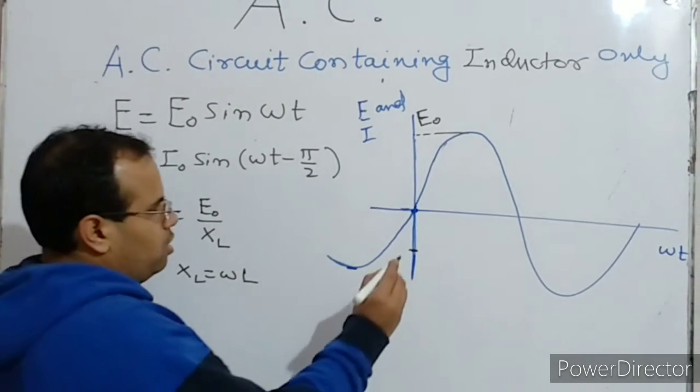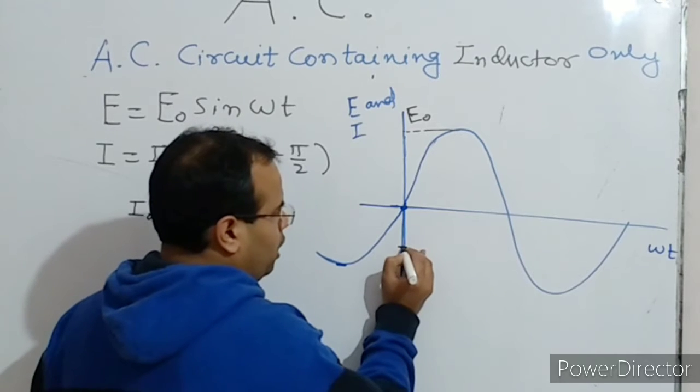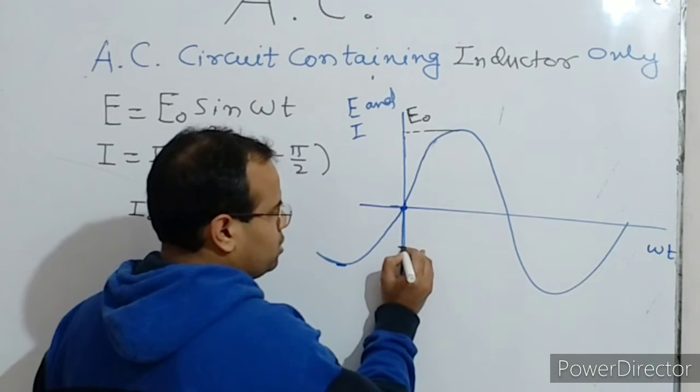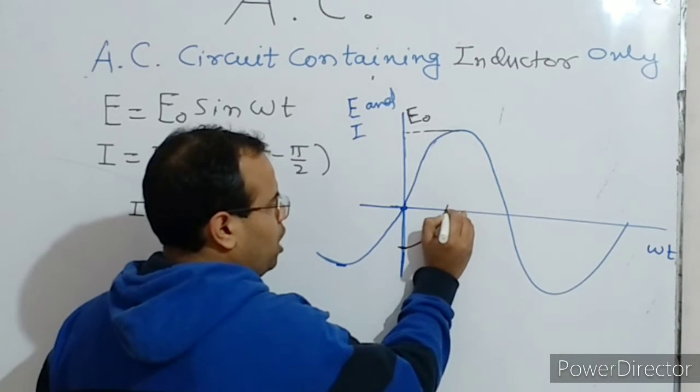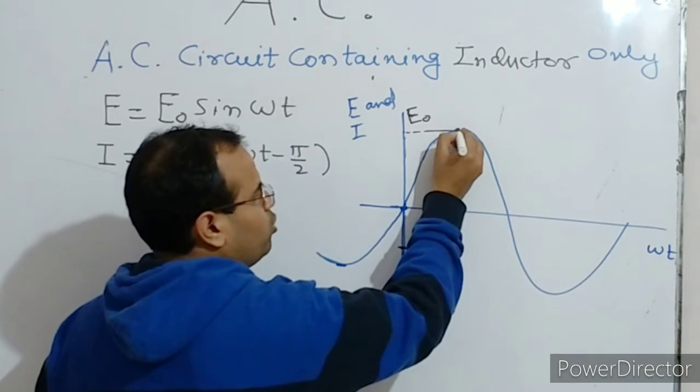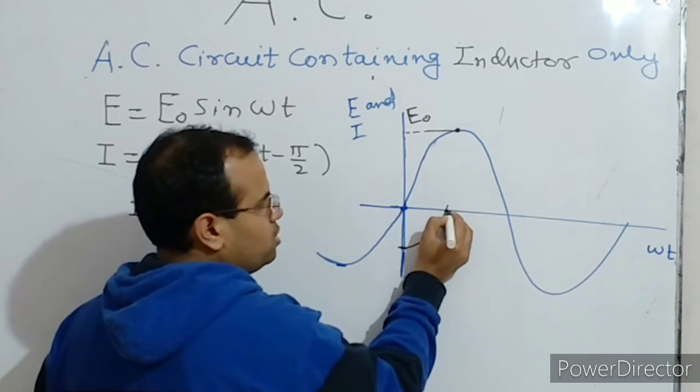So this is I naught, and now it starts increasing. When the value of EMF is this, at that time the value of current is this.